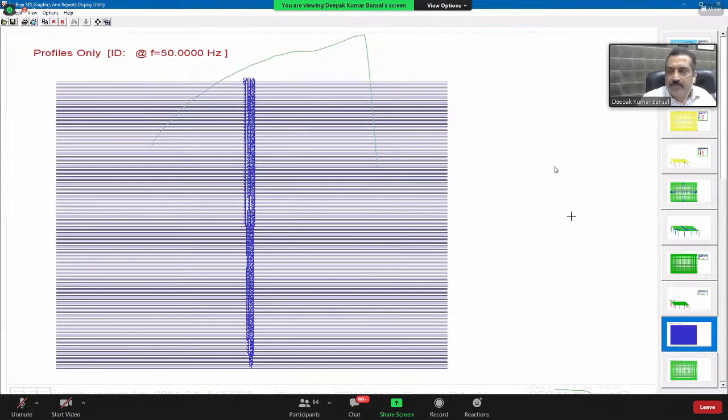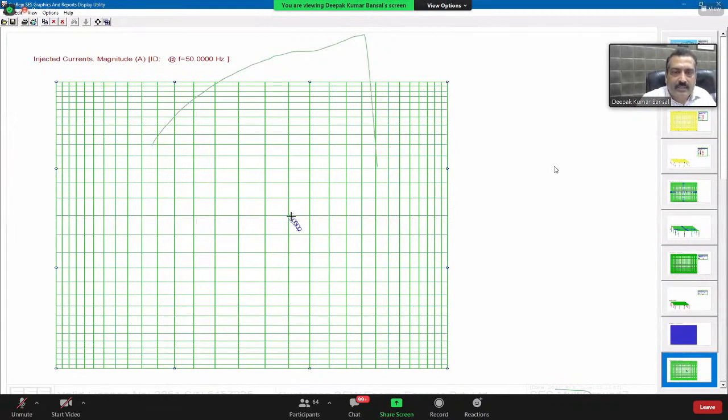These are the profiles we have made to calculate step and touch voltage, and this is the current injected here. The software has shown that we have injected current here to calculate all the parameters.